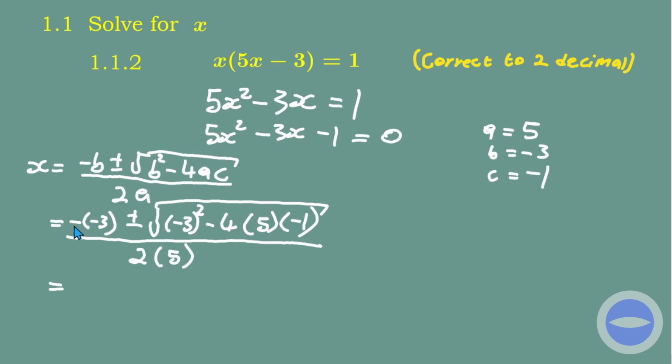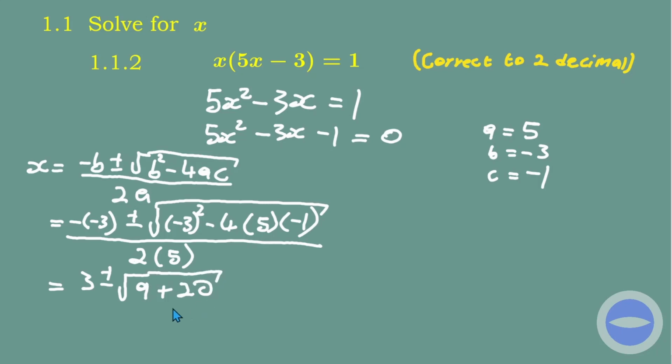This negative multiplied by this negative gives positive 3, plus or minus the square root of, negative 3 squared makes positive 9, and then negative and negative make positive, 4 times 5 times 1 equals 20.